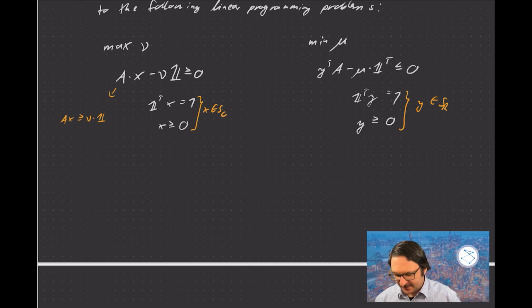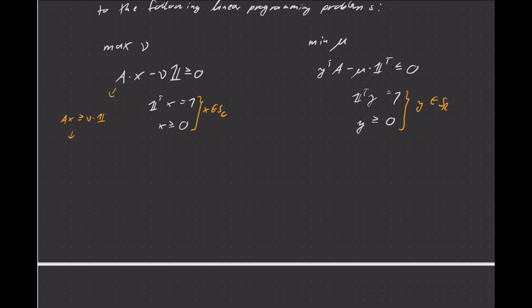So what that means is the column player selects some strategy x that guarantees that the row player cannot enforce a payoff that is less than nu. So nu is the least the row player will get. And of course, he wants to maximize that payoff nu. So nu is going to be the payoff of the column player.